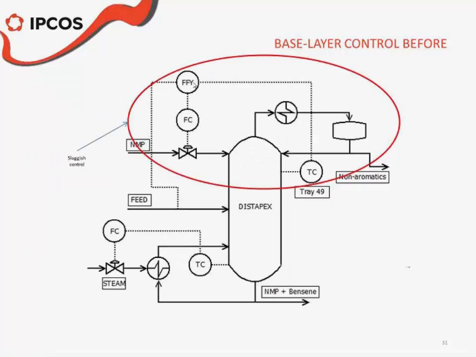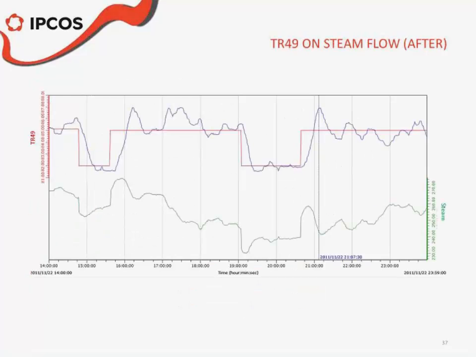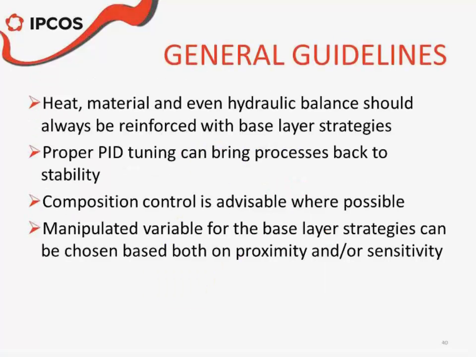It is much more sensitive to the duty to the column, although it's farther, process-wise, than the ratio, and the result is that a much better control is achieved that way. So yeah, sensitivities also need to be taken into account when designing or redesigning a new base layer control strategy.